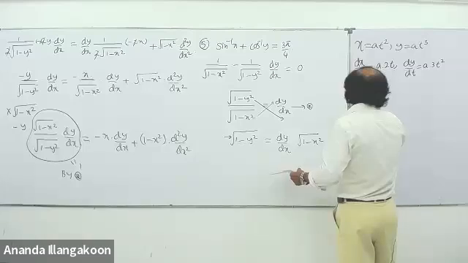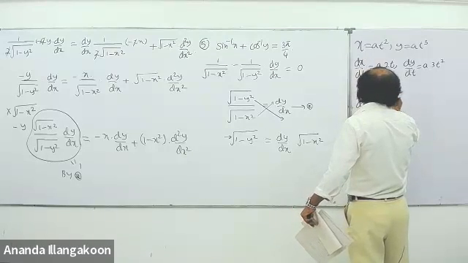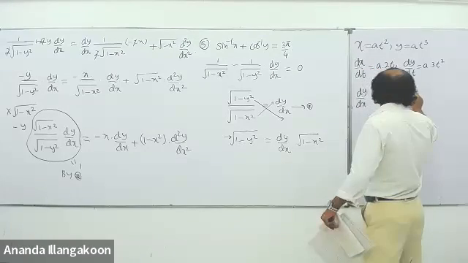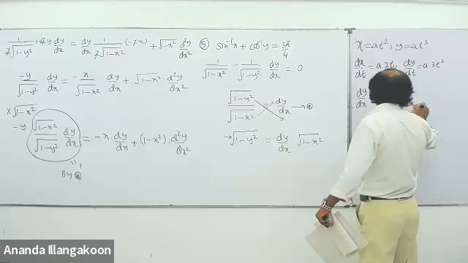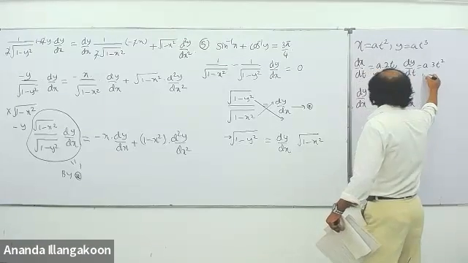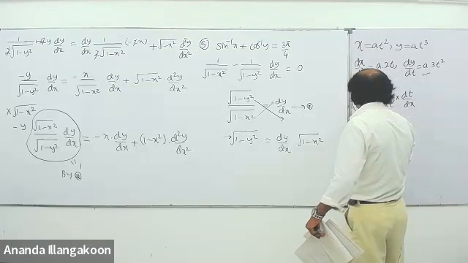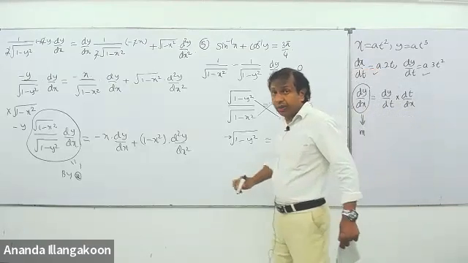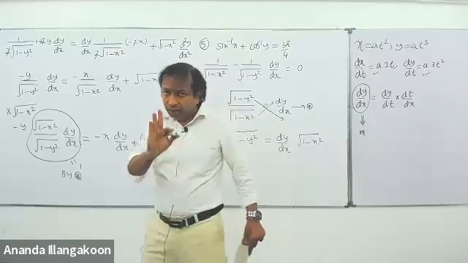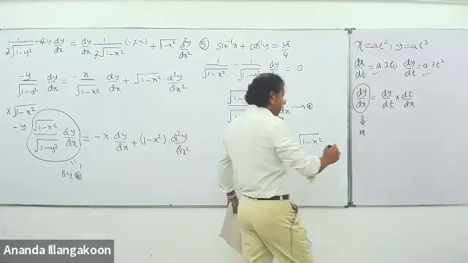Then we can find dy by dx out. dy by dt multiplied by dt by dx. Right. So using this and this, you can find, people, dy by dx. What is that really? Gradient. Gradient of what? Gradient of the tangent. Gradient of the tangent. Understood? First, take that answer here.